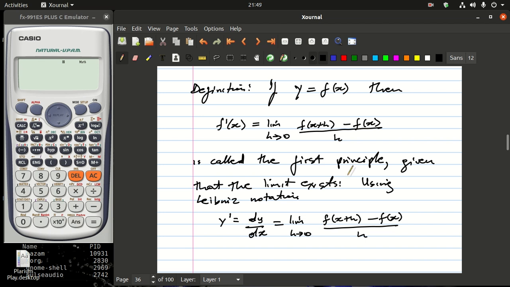The main thing behind this notation is that Leibniz is also one of the greatest mathematicians and philosophers we had, who contributed a lot in mathematics, especially in calculus and statistics.